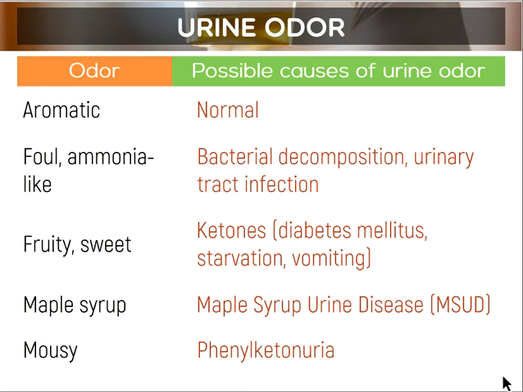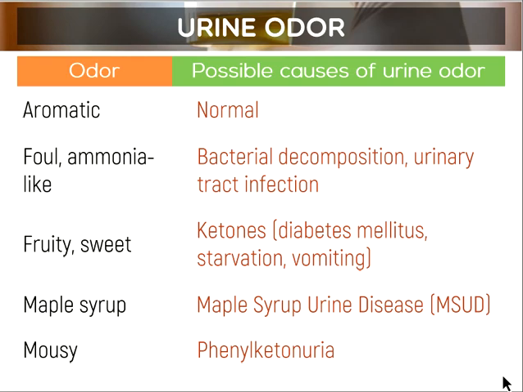A fruity or sweet odor is from ketones, which can be DM or starvation. Those patients doing intermittent fasting, usually their urine smells fruity or sweet because their ketones are high.